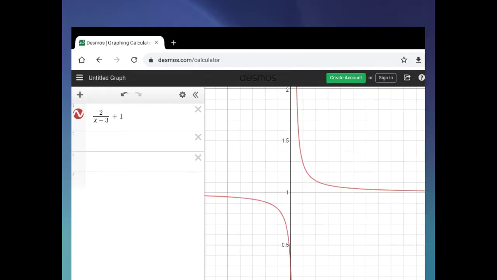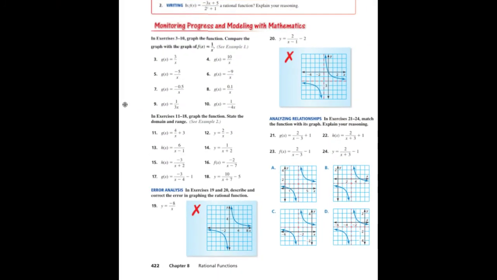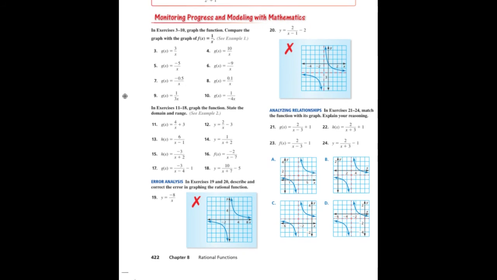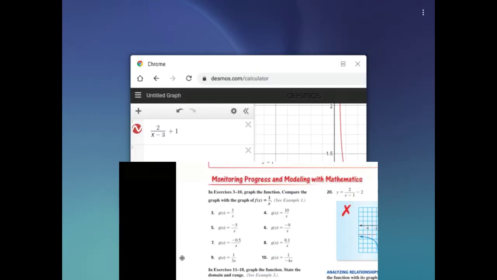Okay, horizontal asymptote at 1. So it looks like A has that, and then C has that. Why is my asymptote not correct? 2 over x minus 3 plus 1.